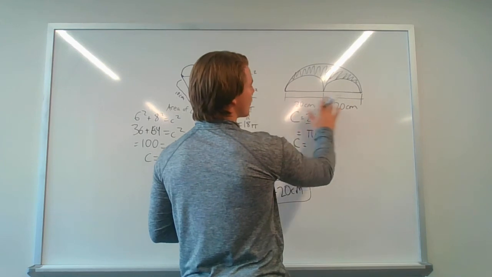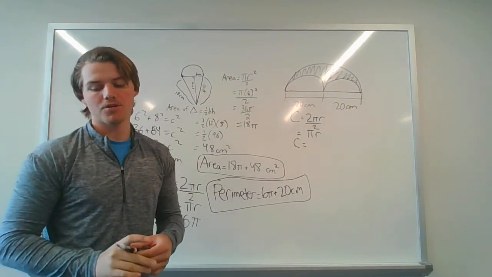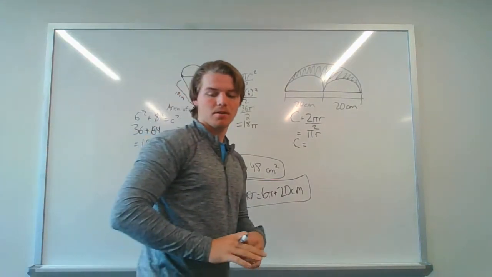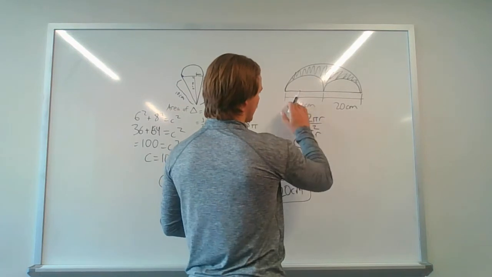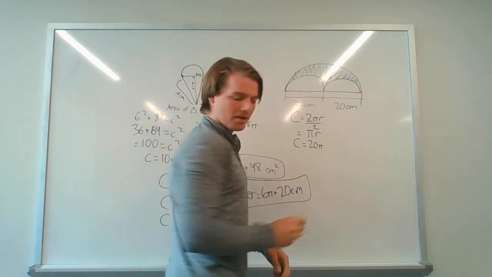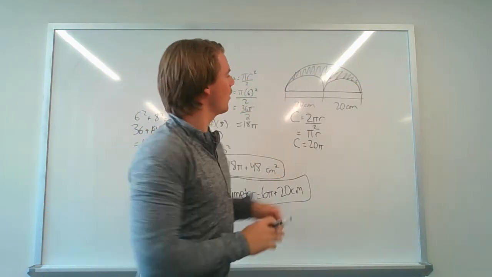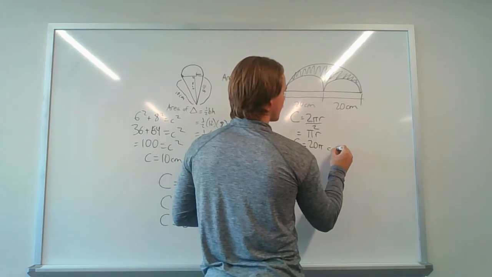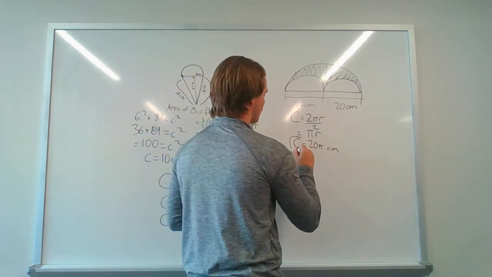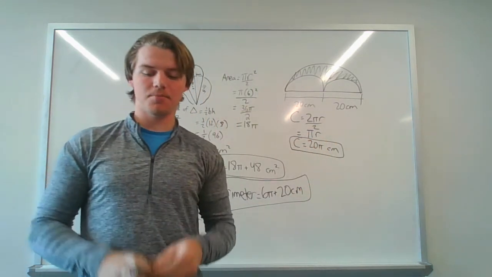We're not worrying about this side, because only this is the shaded part. So that means we are completely wiping out that bottom side. So our radius is 20, so pi r is 20 pi, and just like that, we've gotten the perimeter. Nice, quick, and easy. So the 20 pi centimeters is the perimeter.